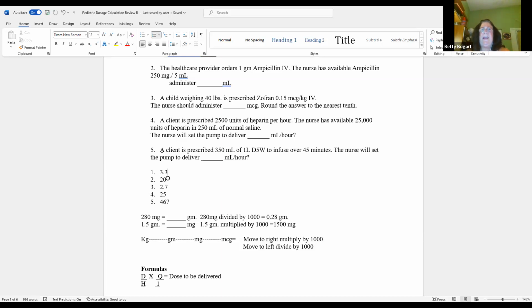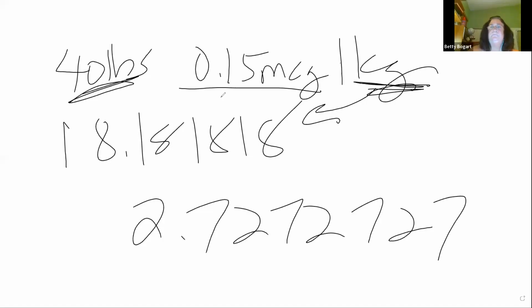So what do I have on hand here? I'm going to give a dose. It's prescribed 2,500 units of heparin. What do I have? I have 25,000 and it's in a 250 mL bag. Let me show you what I'm talking about. 2,500.